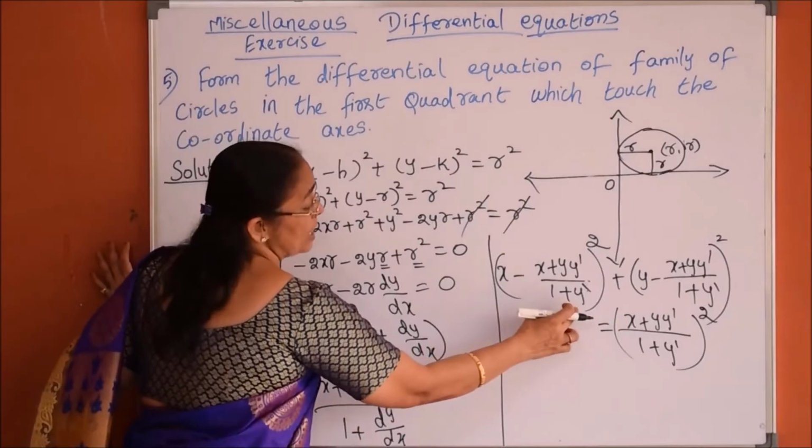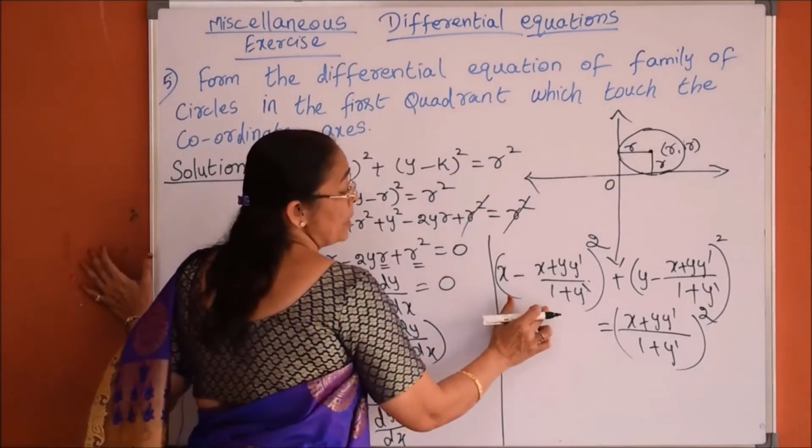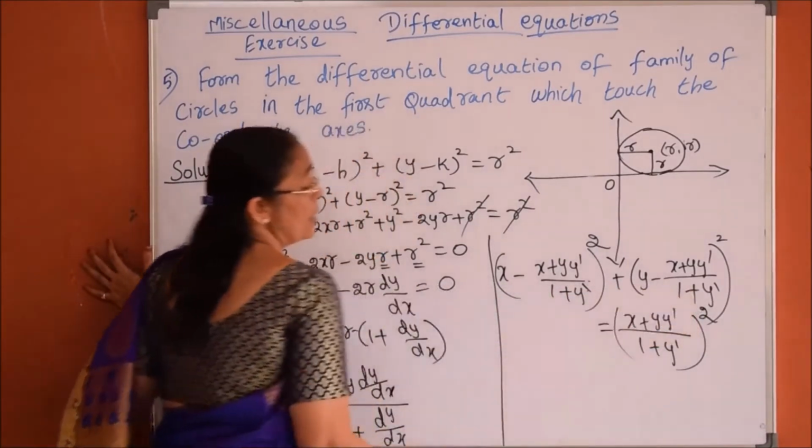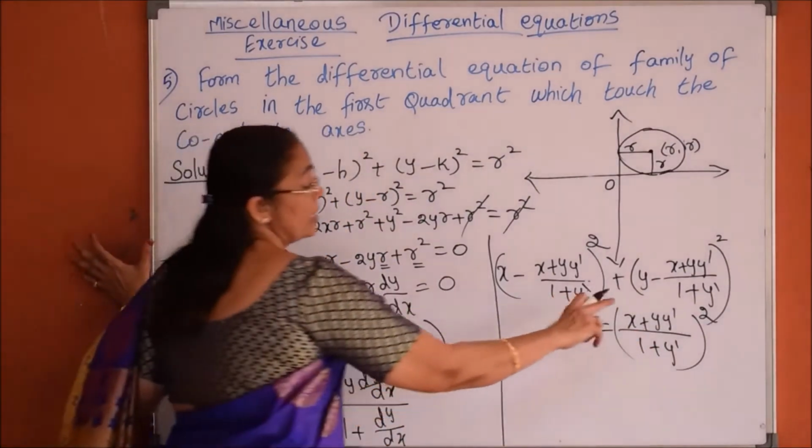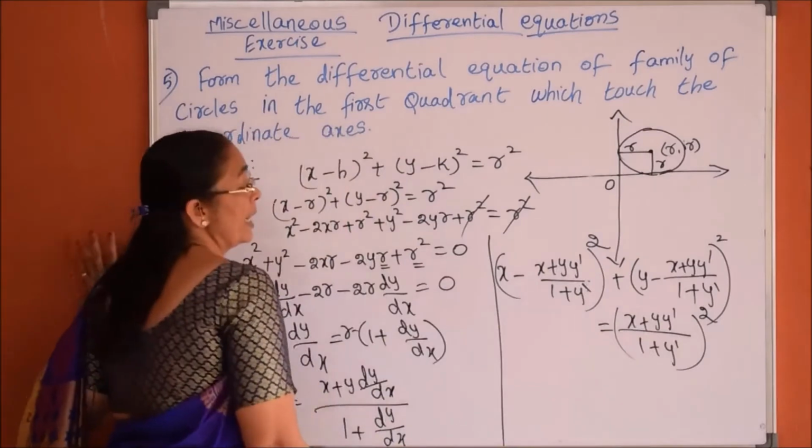Taking (1 plus y dash) whole square as the LCM on the left side and the right side, the LCM will get cancelled.